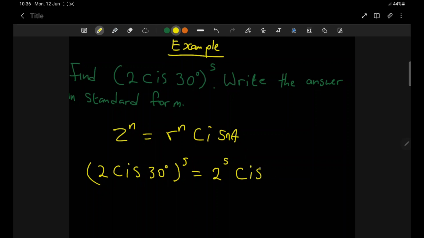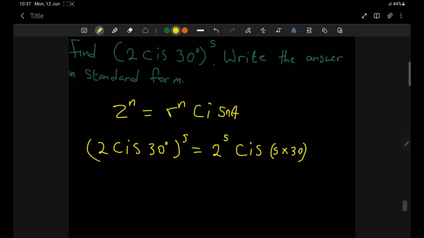So n will multiply theta. So our n is 5. So we'll have 5 multiplying with 30. So we can expand this. 5 times 30 is of course 150.